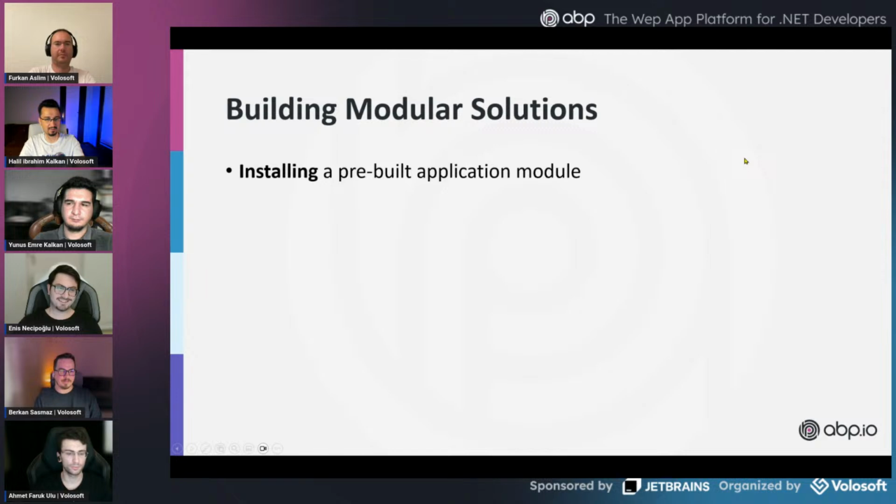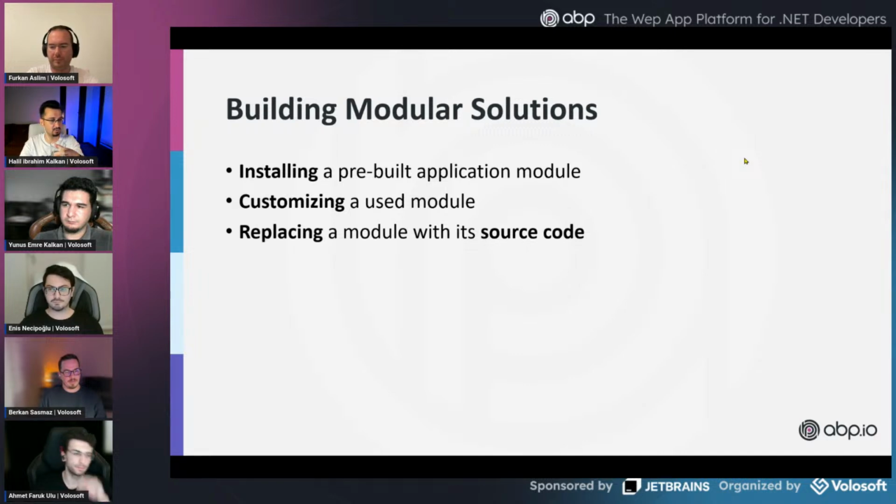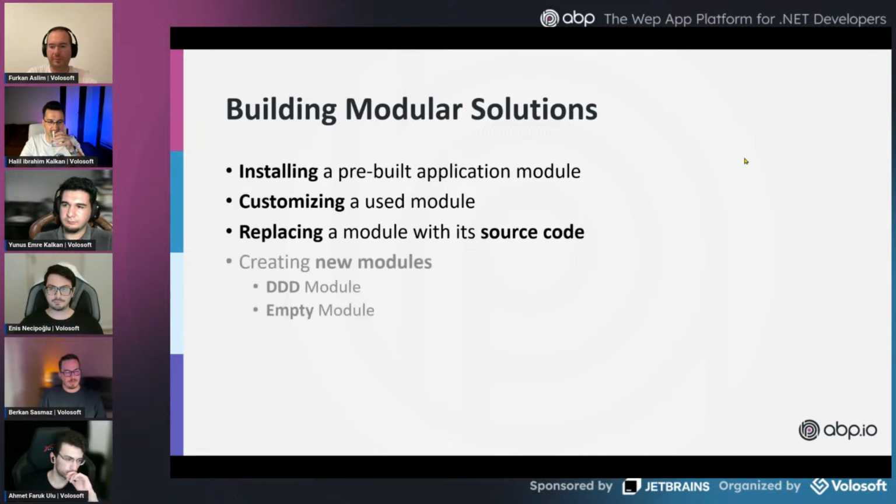Until now, we have explained how to install a pre-built application module from the list of modules that is created by the ABP team and also contributed by the community. We have customized the module that we have used. We also replaced a module with the source code, so we can fully customize it.